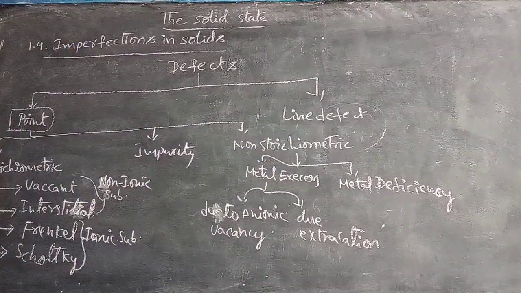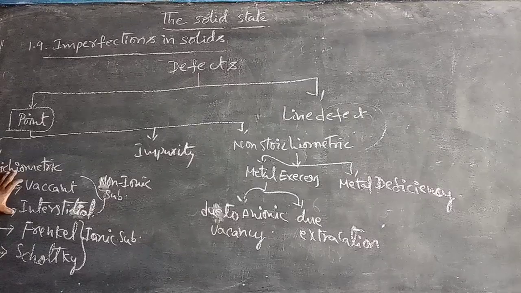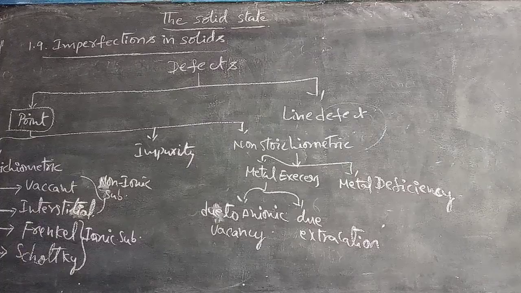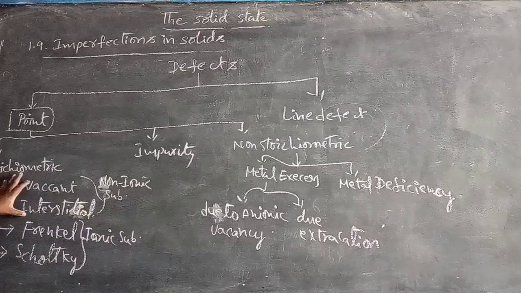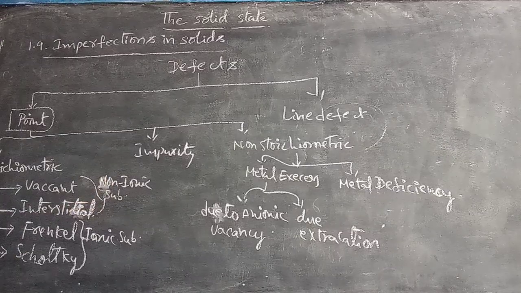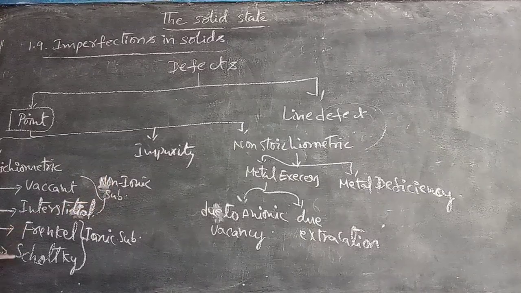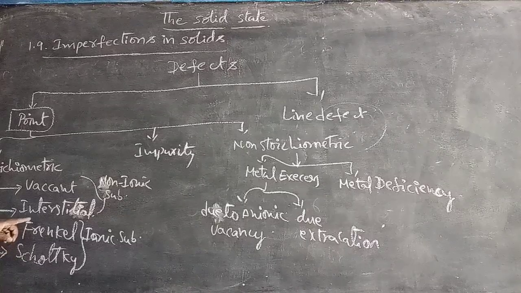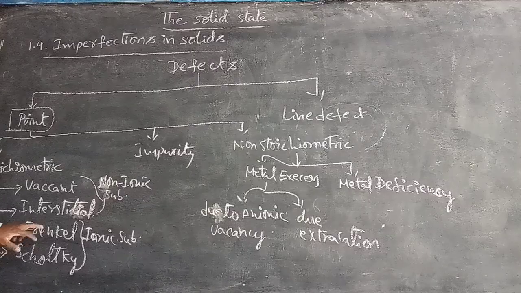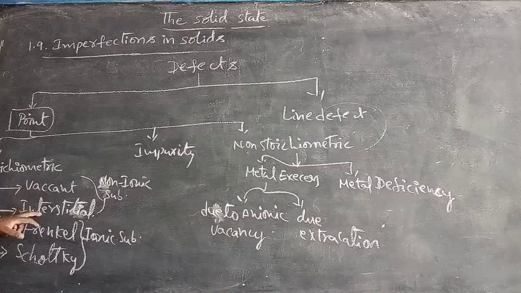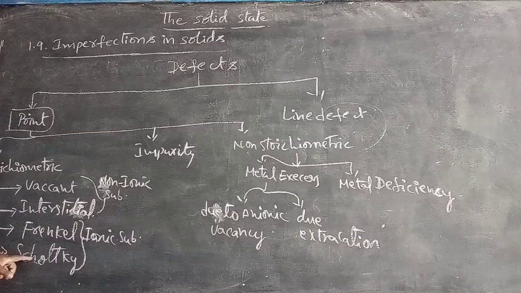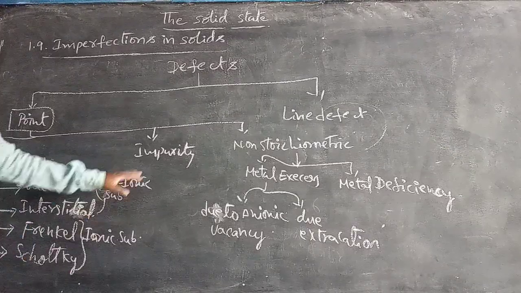Stoichiometric defect is divided into vacancy and interstitial defects, observed in non-ionic substances, and Frenkel and Schottky defects, observed in ionic substances.